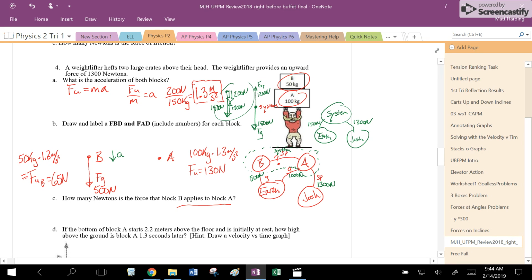So how much less is the upward force? Well, it's got to be that much less. This has got to be 435?